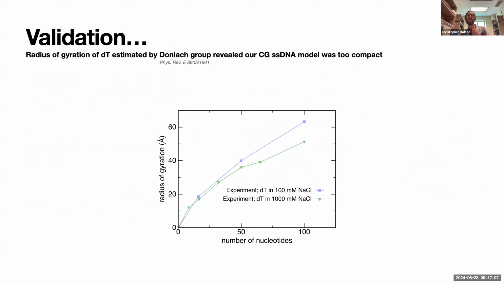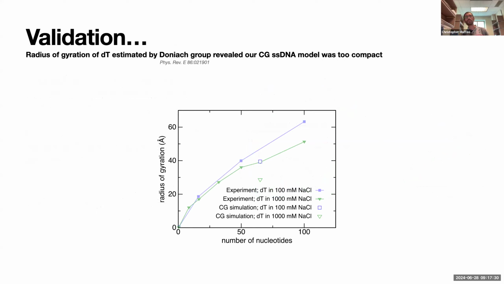So then, once you've done this, you want to validate your results. In the case of this coarse grain DNA model that I've been highlighting, we found that our radius of gyration did not match experiment after this process. We were about 10 or 15% too low. Our DNA was too compact.